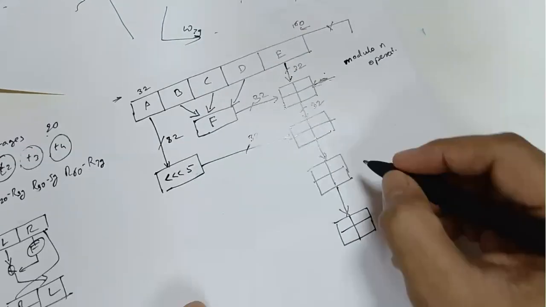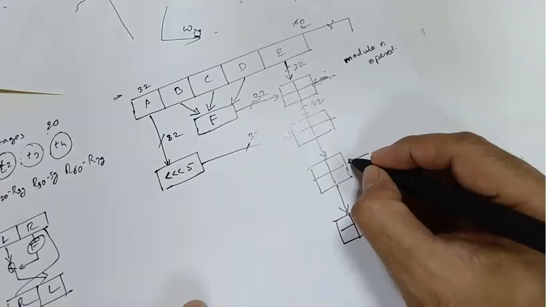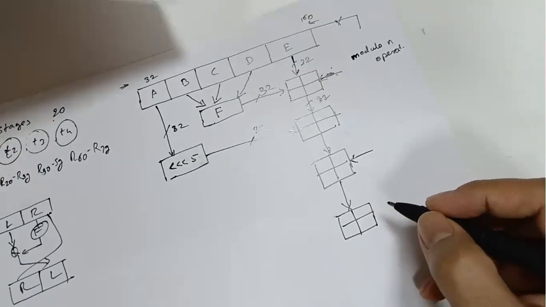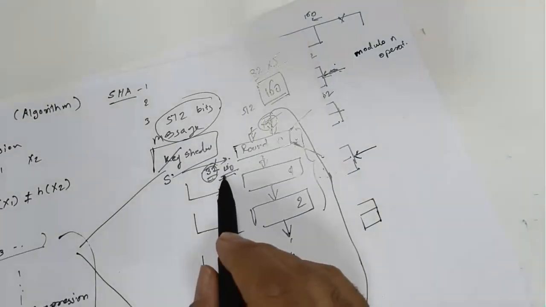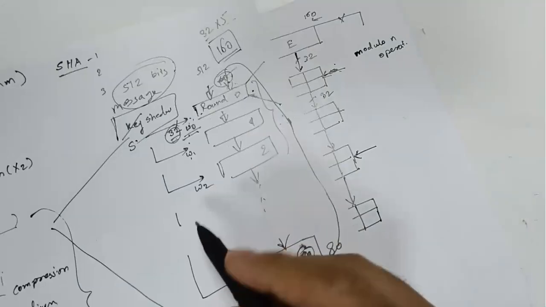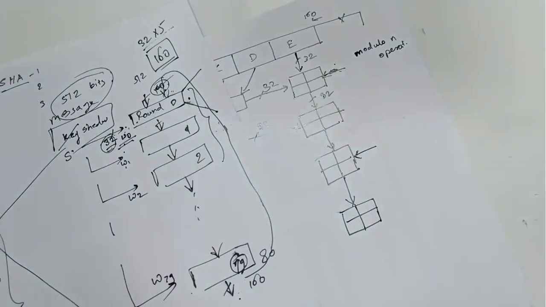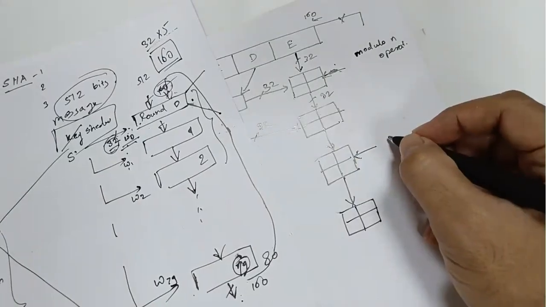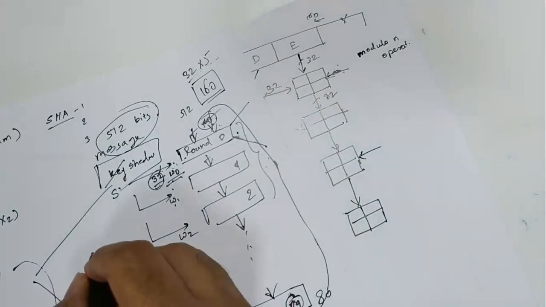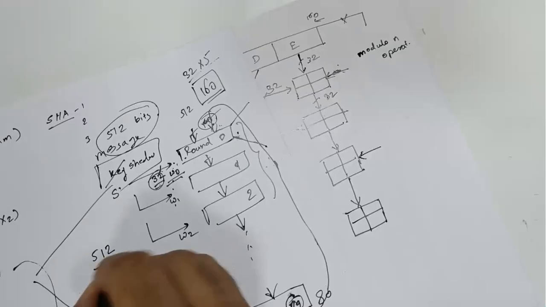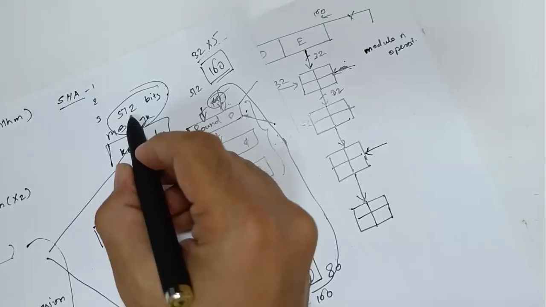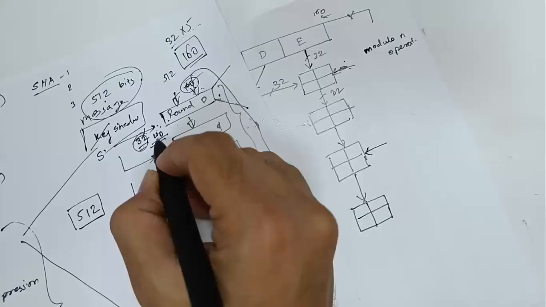Now for the next one, what is happening is you are getting the actual, if you remember, these words also have to be considered in the rounds. W0, W1, and so on. So can you tell me how many words you can prepare of 512 bits? Because the original message block is of 512 bits, and W0 is of 32 bits.